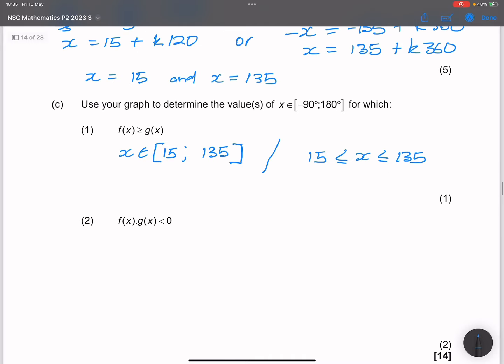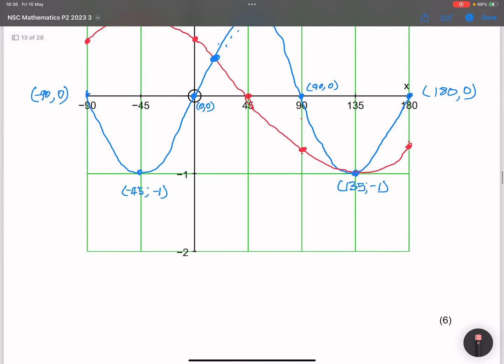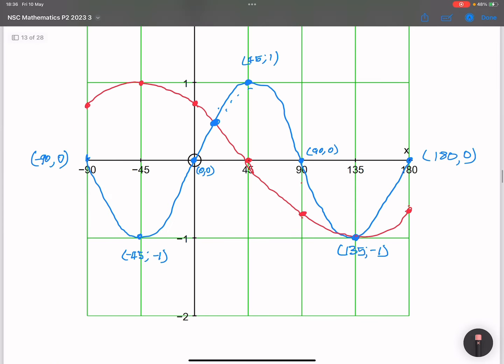Right, and then they say, where is the product of the two graphs less than 0? So essentially, we want where we take the y value of this multiplied by the y value of that graph, it should give us a value that is less than 0. Now remember, that can only happen if the signs are different, ladies and gents. So I'm looking for x values where one graph is positive and the other is negative.